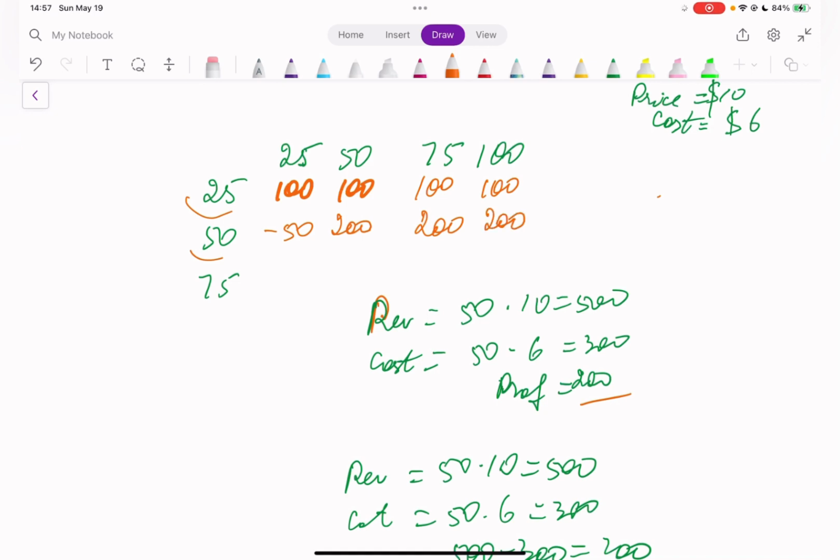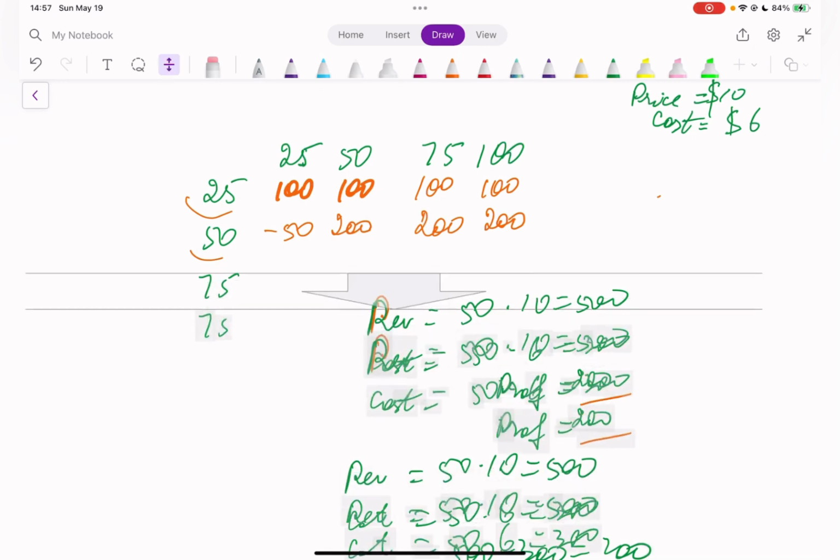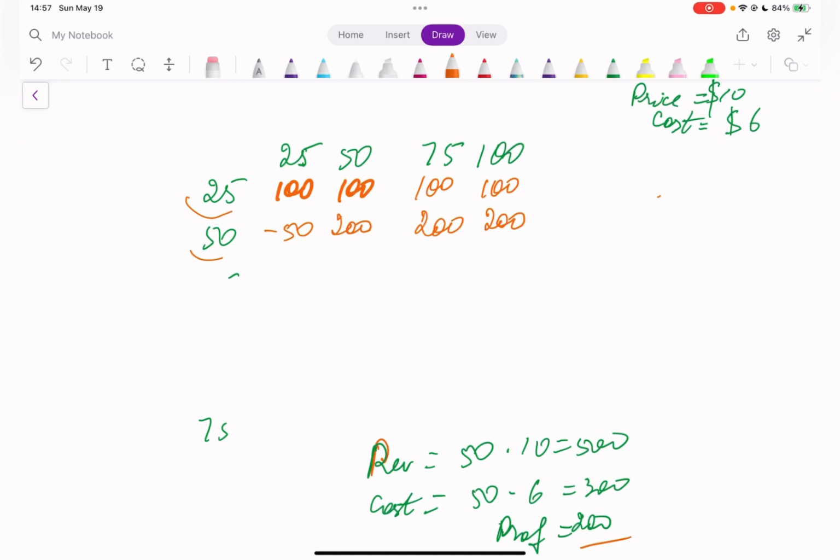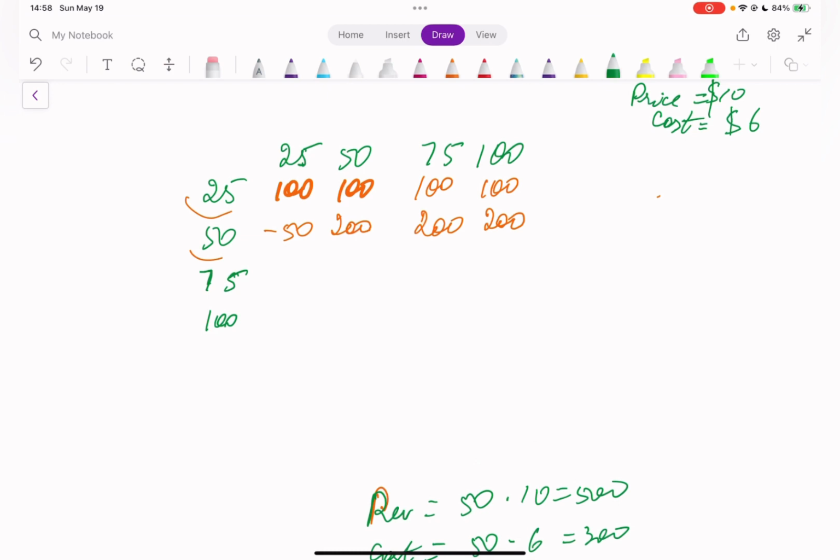A different story is when our supply is more than demand. So for 75, we offer 75, we have supply 75, demand is 25. Let's see how much of a loss we're going to have.